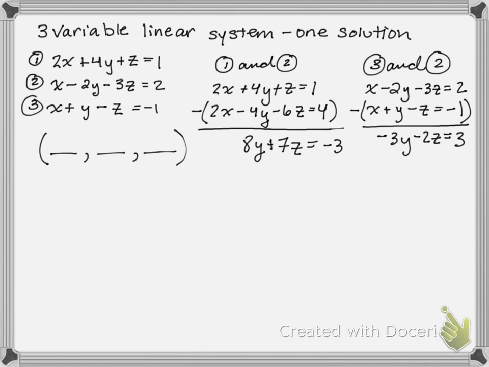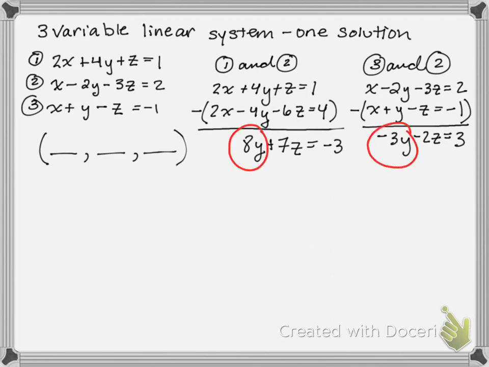Now I'm going to combine these two equations here, and again I'm looking at eliminating one of the variables. I'm going to look at eliminating the y variable here. I've got 8y and negative 3y.